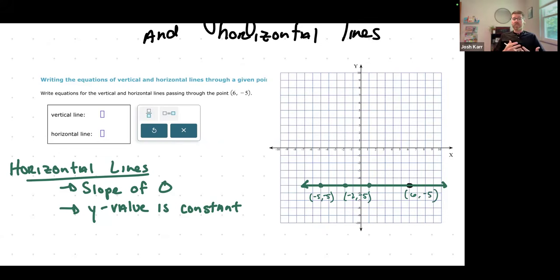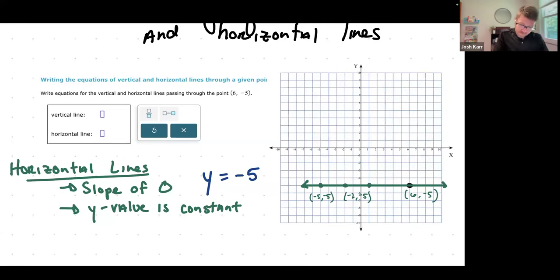Because horizontal lines have a constant y value and 0 slope, we get to define the line by its y value. On this line, what's the y value? It is always -5. Thus, the equation for this line is y equals -5. So if we say graph the line y equals -5, that means you're going to have a horizontal line that is down 5.